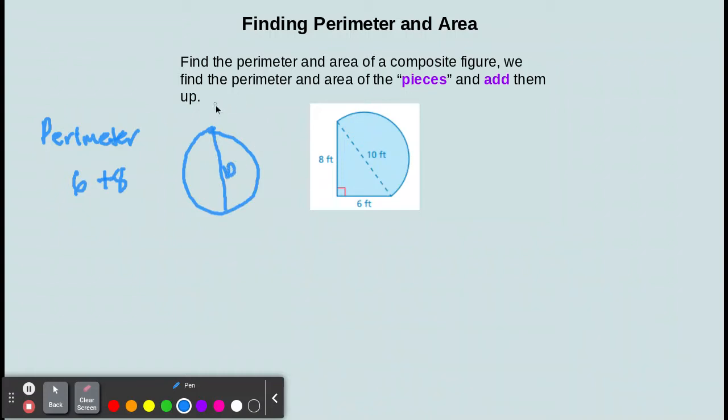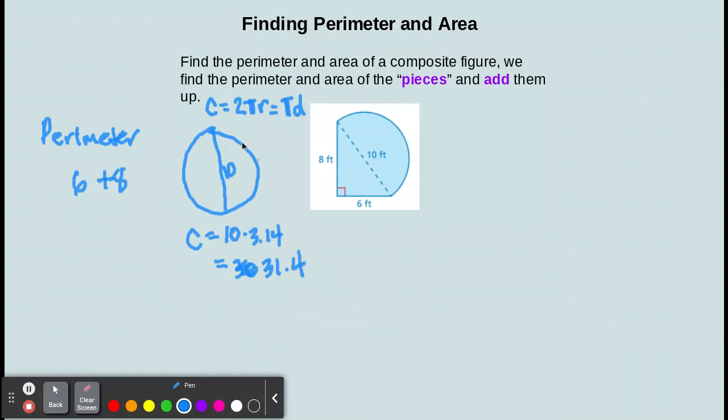Now remember, circumference equals what? 2 pi r, or pi d. We have our d, we have our pi. So the circumference of this circle equals 10 times 3.14, which is 31.4.